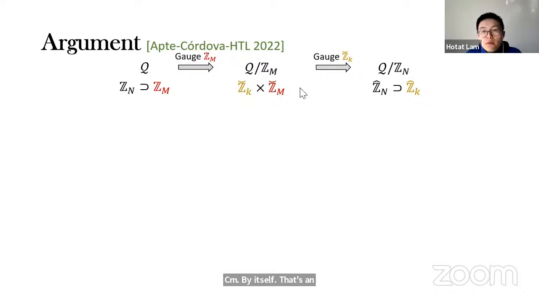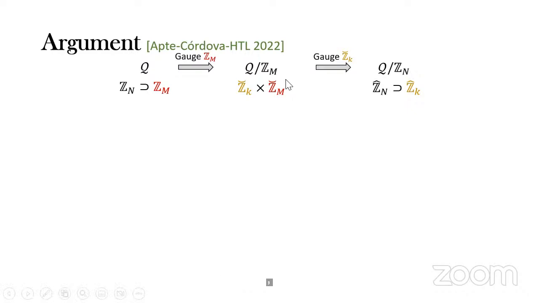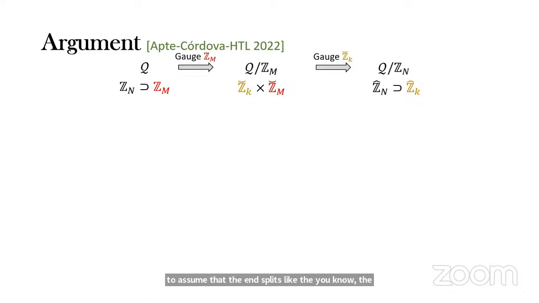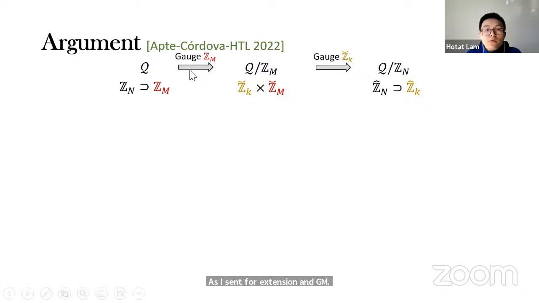You're talking about the intermediate theories, right? You're talking about this theory. Yeah, the first step. So you need to assume that Zn splits, like the central extension that defines Zn as a central extension of Zm has to split, right? No, I don't need to assume that. First of all, you're correct that at this step there's a mixed anomaly, but the mixed anomaly doesn't prevent me from gauging a single symmetry.